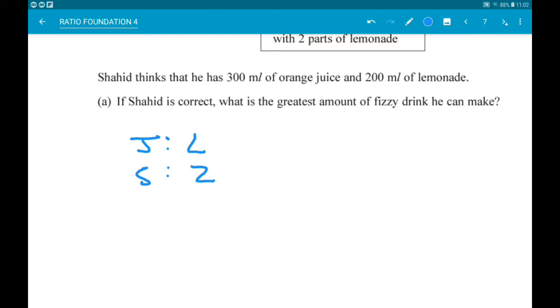Okay, so to turn 5 into 300, we multiply it by 60. So the lemonade we're going to need is 2 times 60, which is 120 ml.